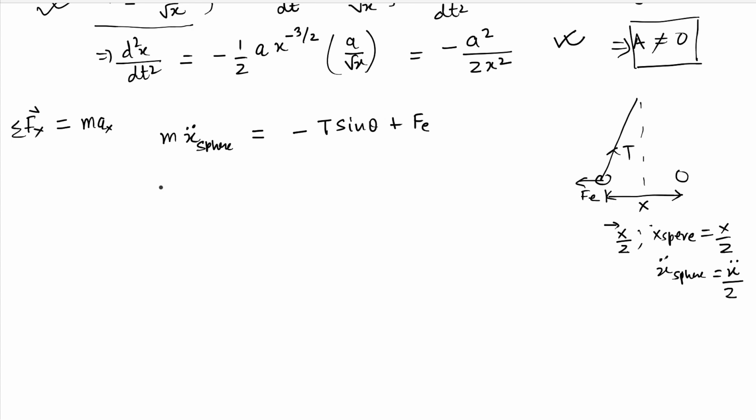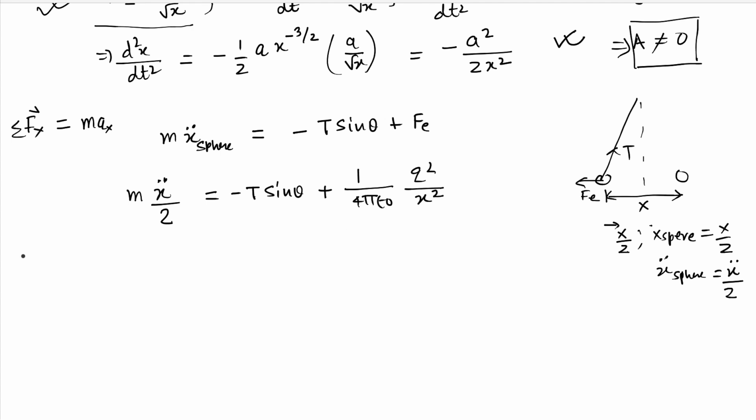So we can replace this with m x double dot by 2 equal to minus T sin theta plus 1 by 4 pi epsilon naught q² by x².